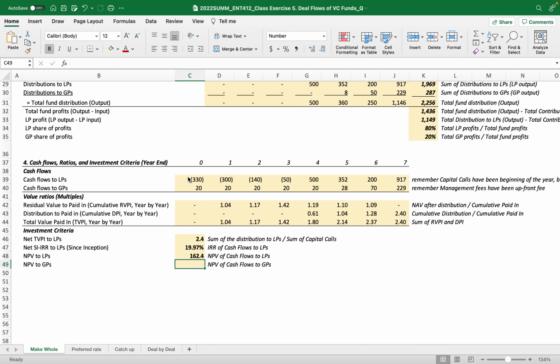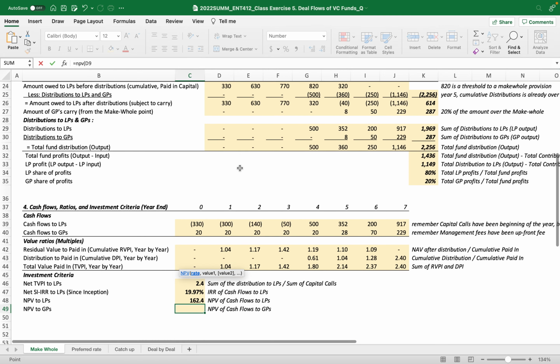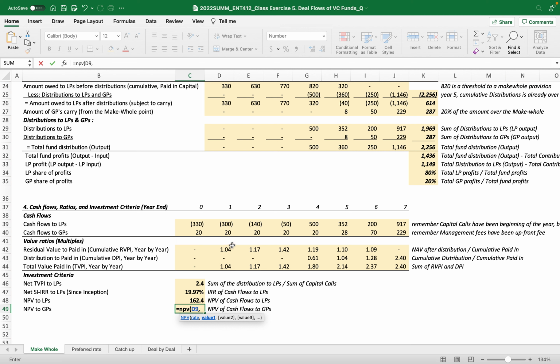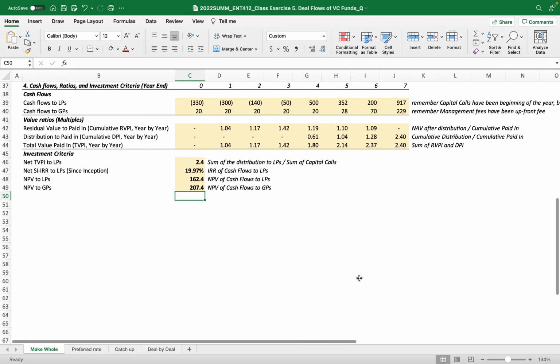So we got 164.62 for the NPV, and then the NPV of GPs we can also calculate: the discount rate, comma, and then drag all the future cash flows, right? And then this 20 today, so 207. Wow, it's way higher, right? And then, yeah, we've done.